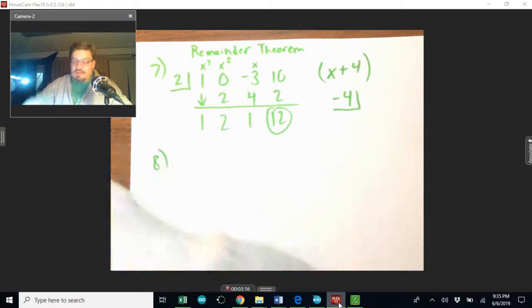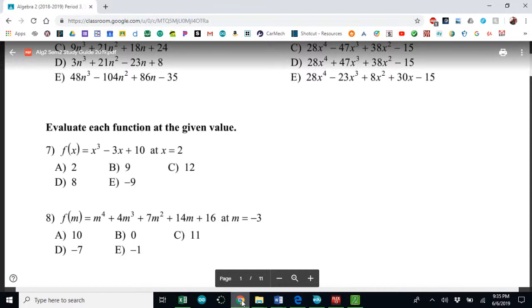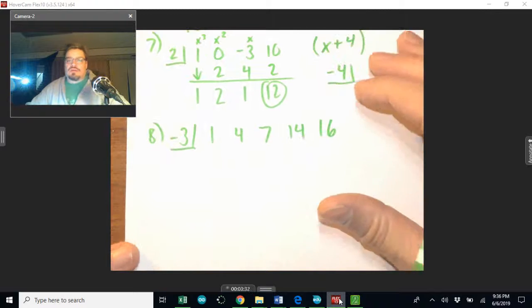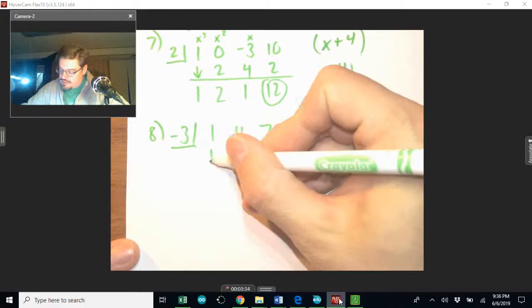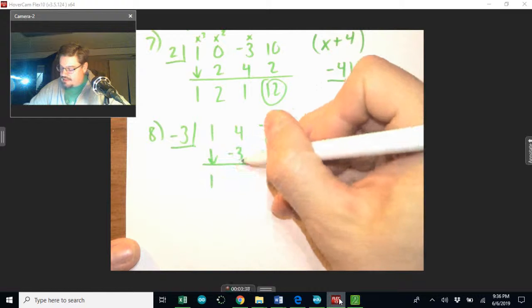Number 8. Okay, so -3 goes in the window. I have a 1, a 4, a 7, a 14, and a 16. So that is the polynomial there. I'm going to drop, and I'm just going to go through the motions here. -3 times 1 is -3.